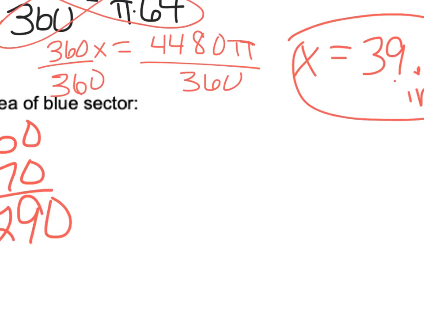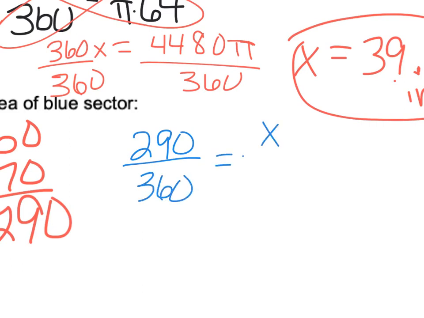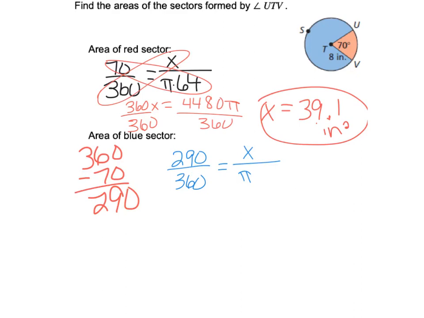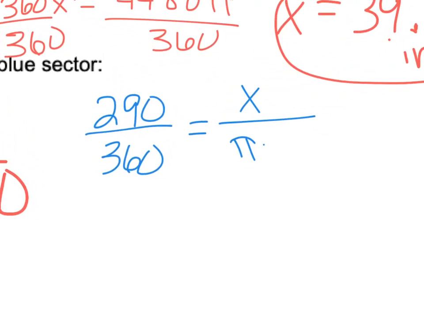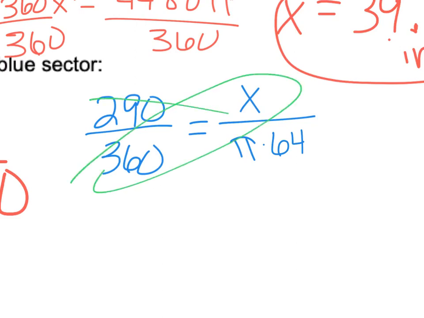So my blue is going to be 290 out of 360 equals the area of the sector, which I don't know, over the area of the whole circle, which is pi r squared. And again, it's the same circle, still has a radius of 8. 8 squared is 64.